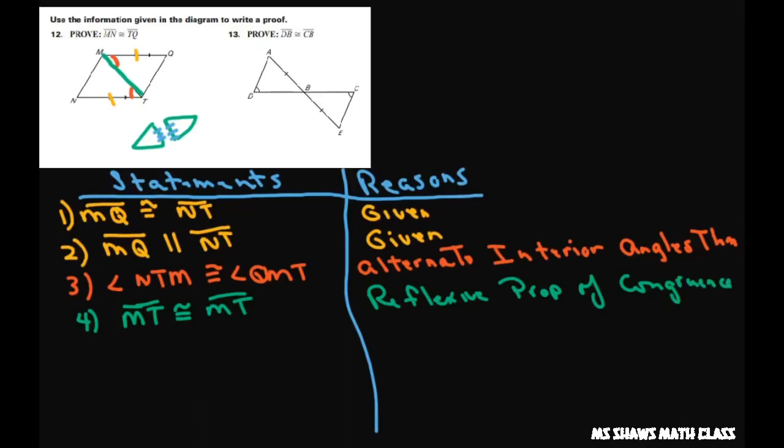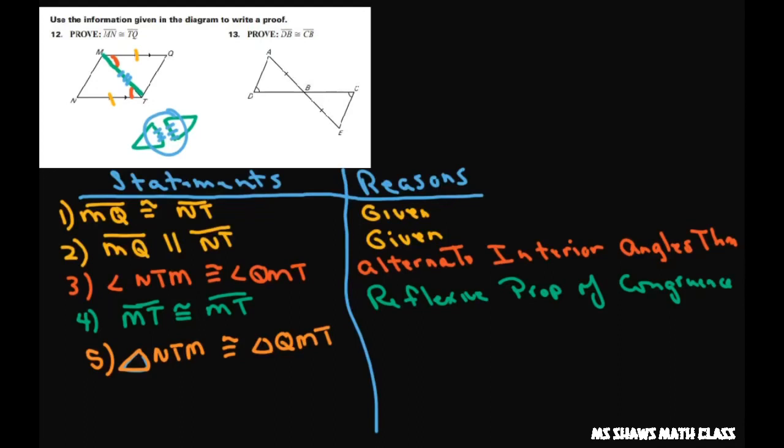And then let's see what we can do next. For 5, let's state the triangles' congruency. So we know that this line is congruent to each other, like right here. So we can say that triangle NTM is congruent to triangle QMT.